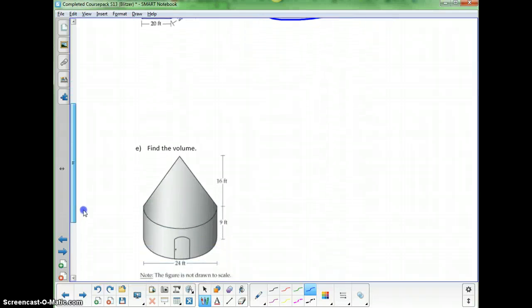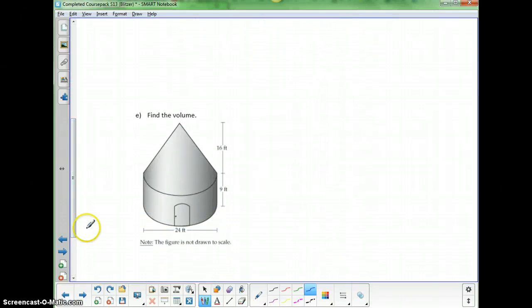Let's look at the next one. This one is a cone sitting on top of a cylinder. So the equation for the volume will be first for the cone, 1/3 pi times radius squared. If the diameter is 24, the radius is 12.